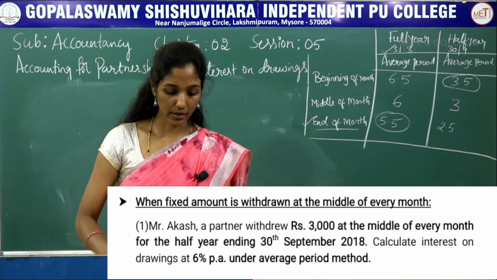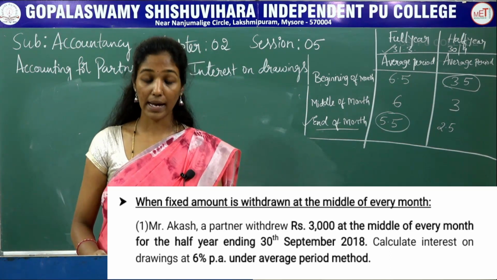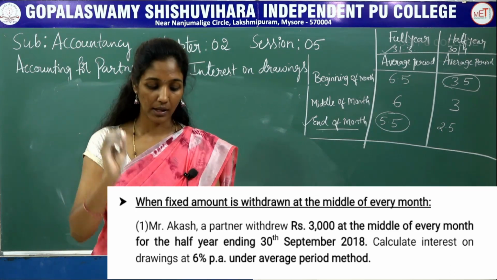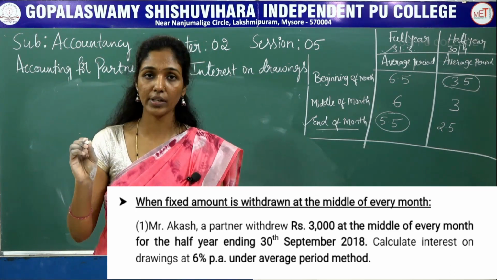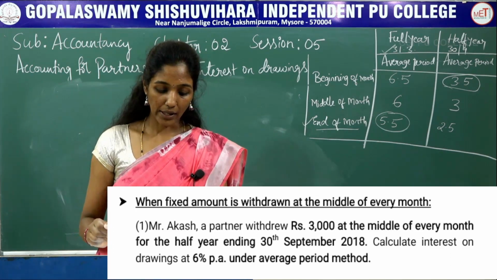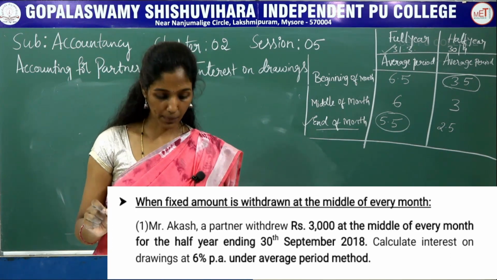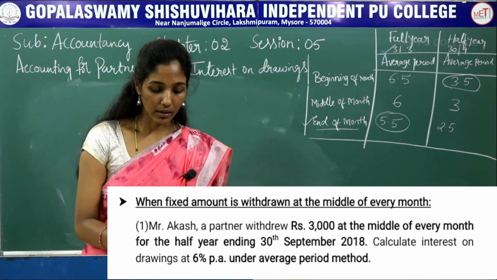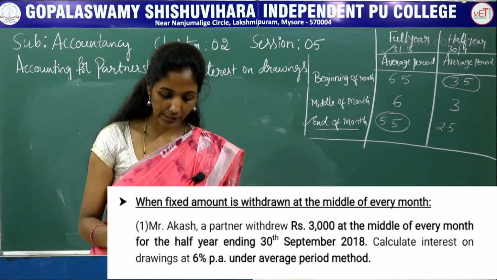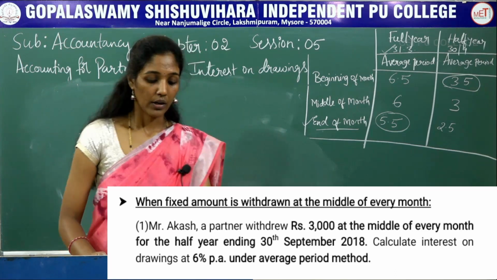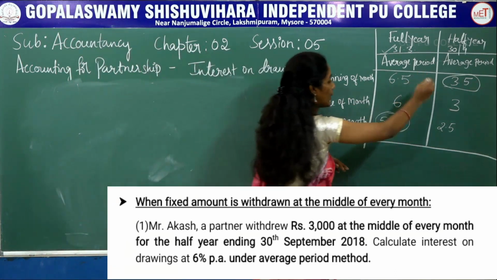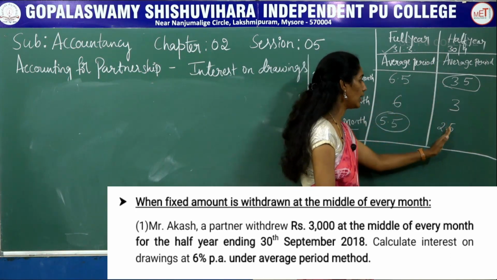Mr. Akash, a partner, withdrew rupees 3,000 at the middle of every month for the half year ending 30th September 2018. Calculate interest on drawings at 6% per annum under the average period method. When the books of accounts closed on 30th September, you have to take the half year column.